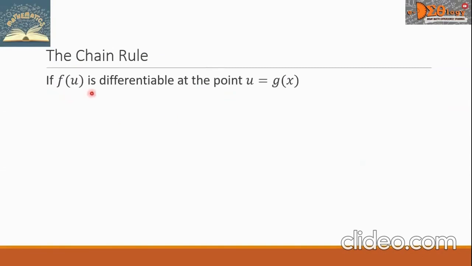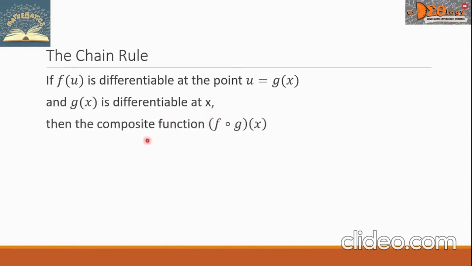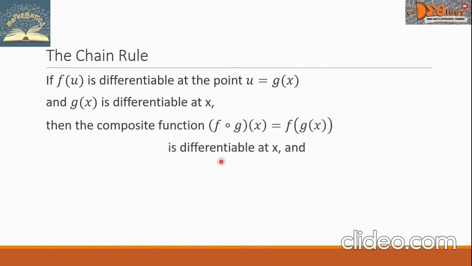If f of u is differentiable at the point u equals g of x, and g of x is differentiable at x, then the composite function f composite g of x equals f of g of x is differentiable at x, and f composite g prime of x equals f prime of g of x times g prime of x.